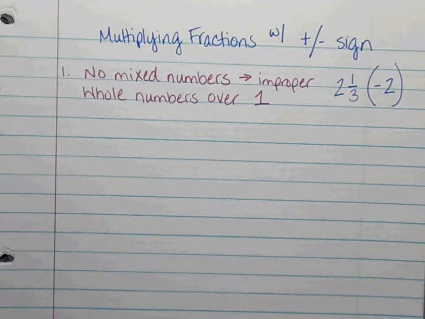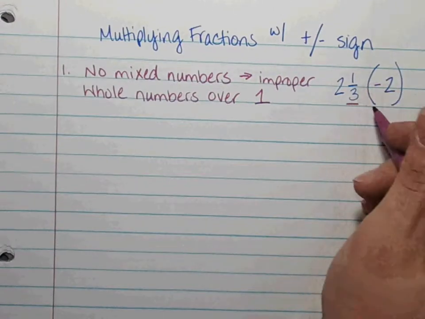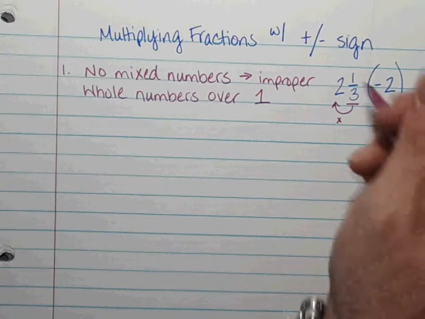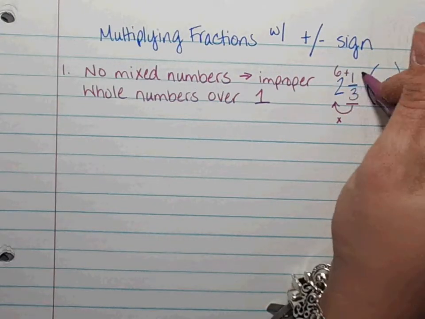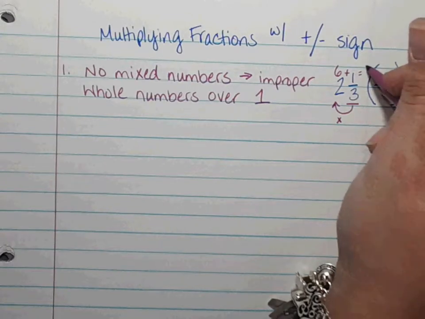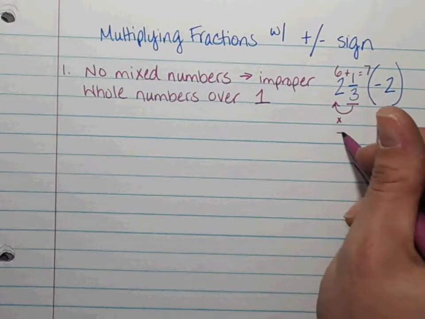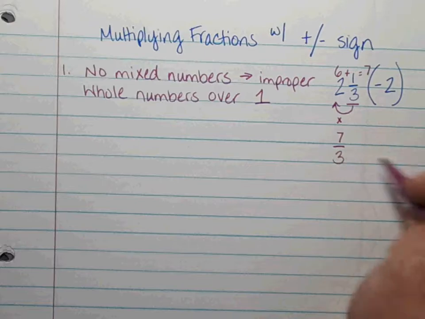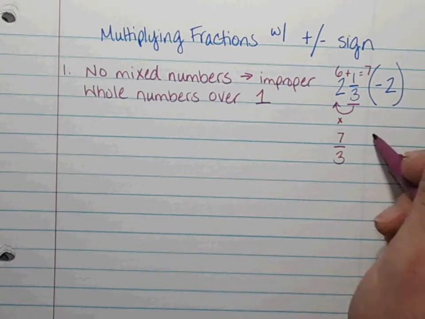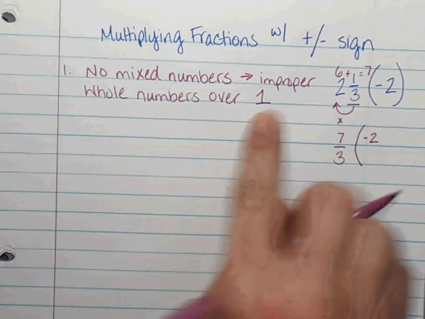So 2 and 1/3. I do 3 times 2, which is 6, plus 1 is 7. So this becomes 7 over 3. And then what goes under this 2? 1, because it's a whole number.